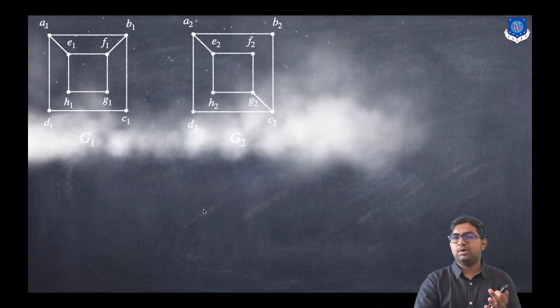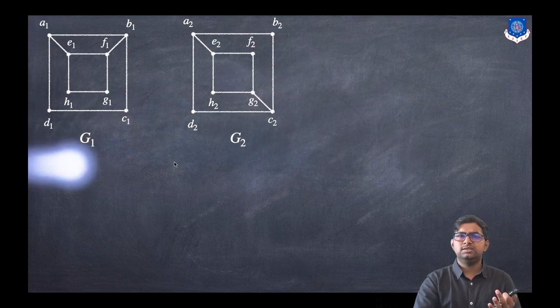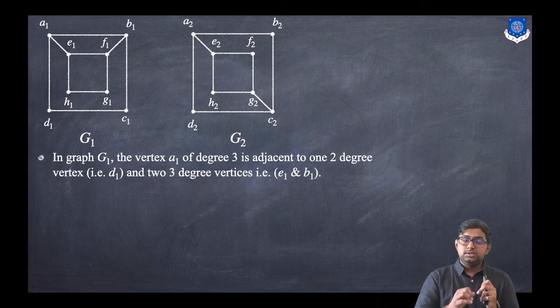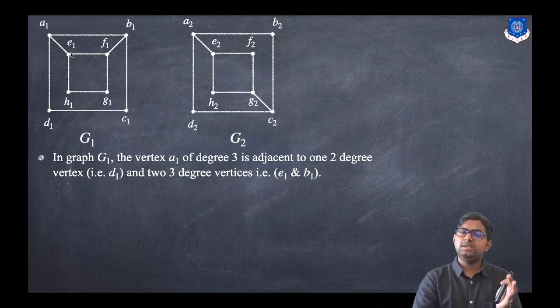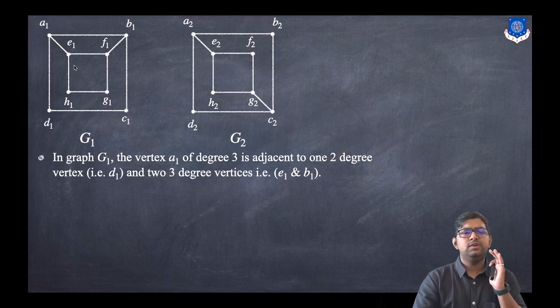So let us discuss that. Here is the same graph again. See, this is the important part. In graph G1, the left-hand side, consider the vertex A1. A1 is of degree 3, and it is adjacent to D1, E1, and B1.